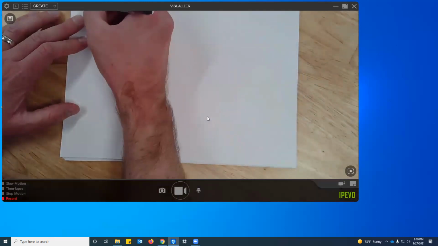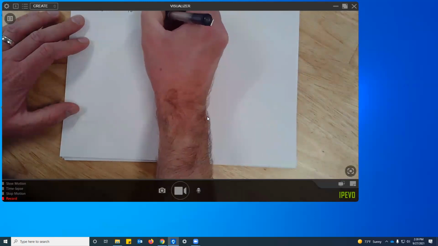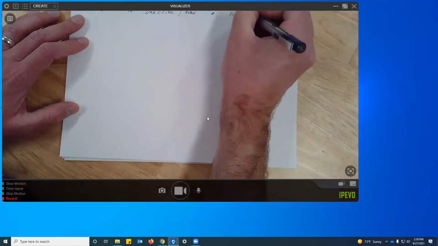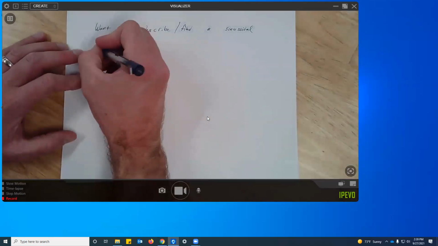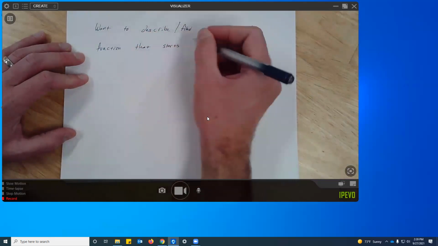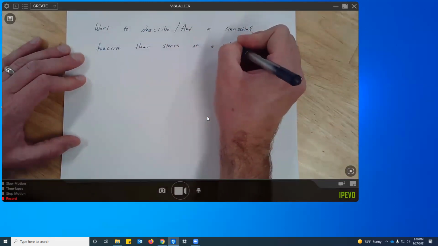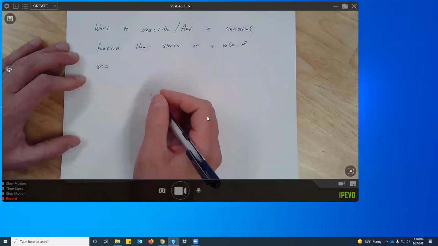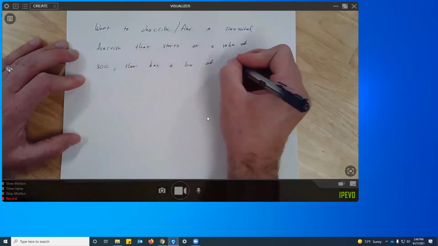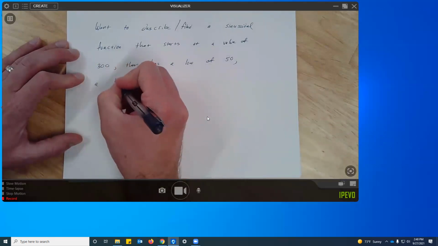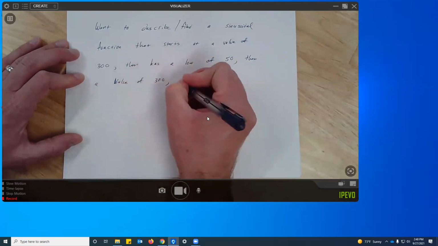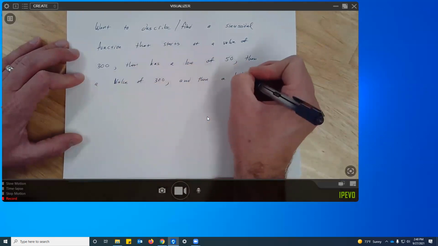Let's say I want to describe, or actually really find, a sinusoidal function that starts at a value of 300, then has a low of 50, then a value of 300 again, and then a high of 550.